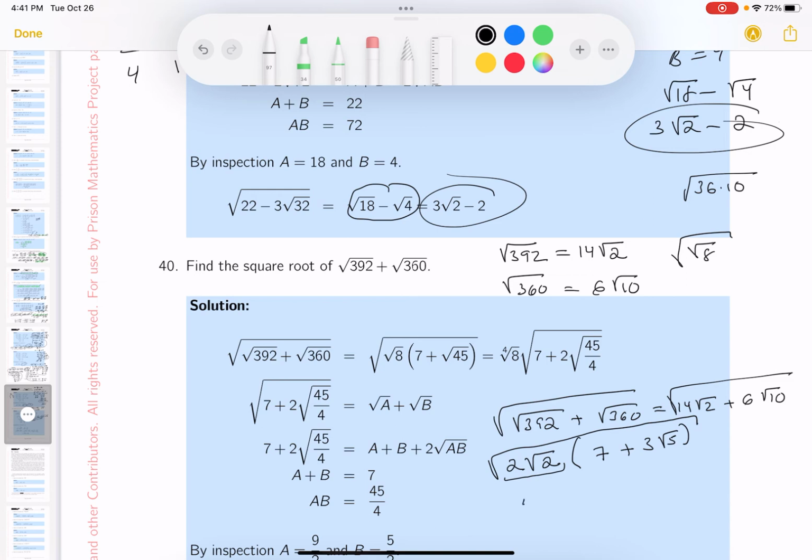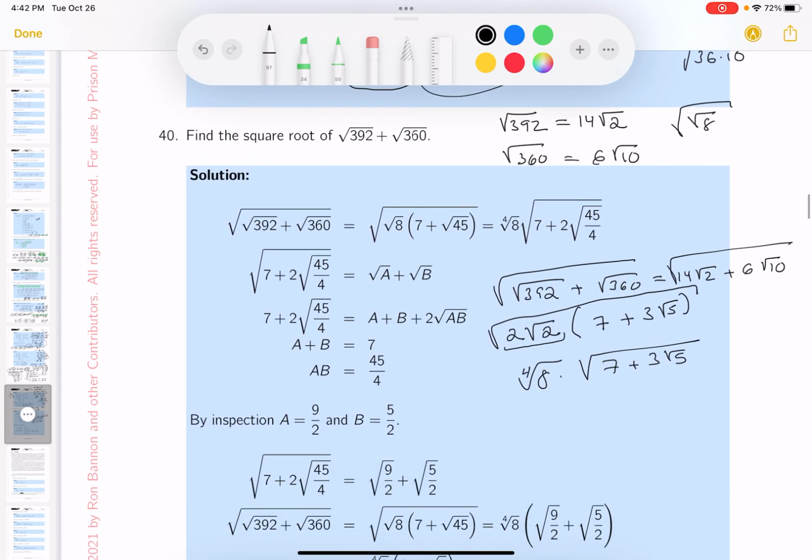That's the 4th root of 8. And then what you left off with? You left off with the square root of 7 plus 3 root 5s. All right, I'm doing a little different than it's in the notes, but it's really equivalent, not same problem.